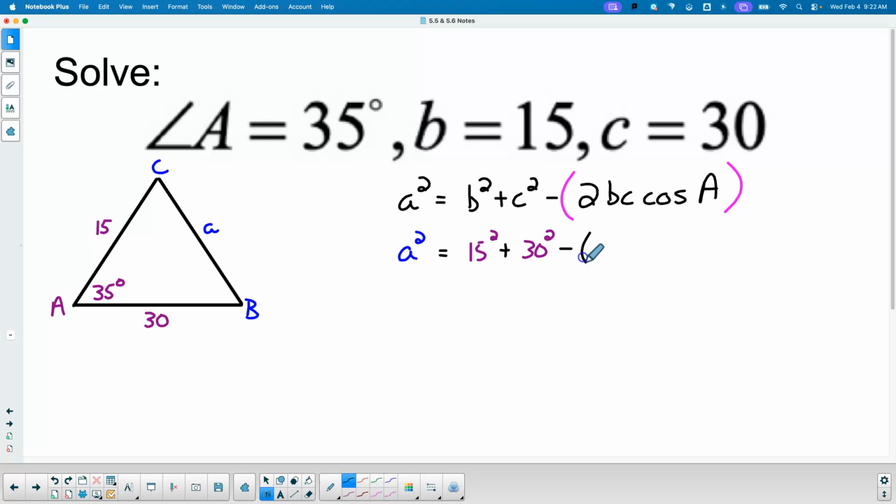minus 2 times 15 times 30 times the cosine of 35. And that is just a straight up calculator input.